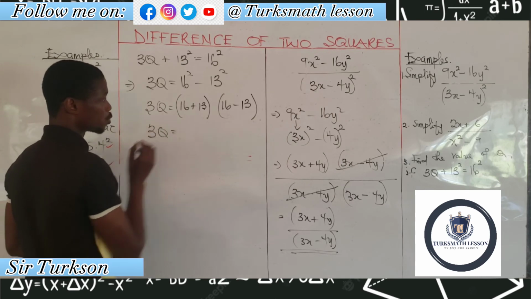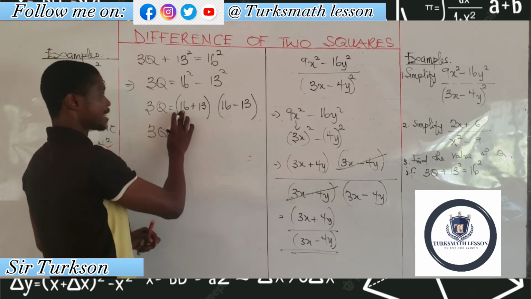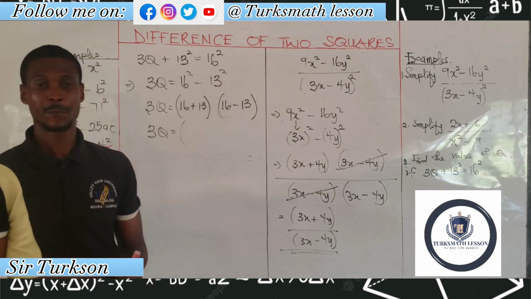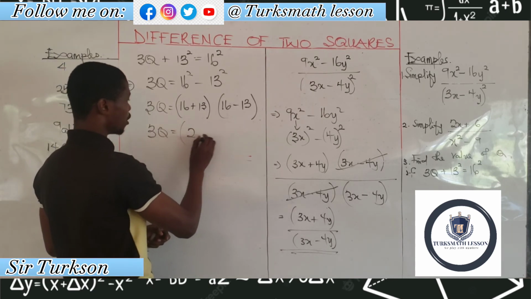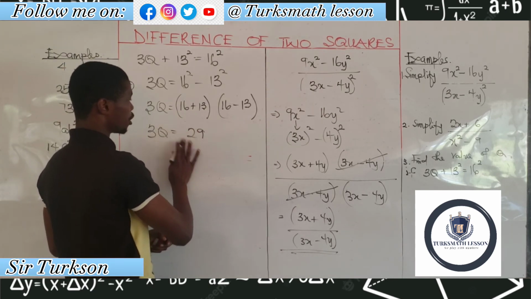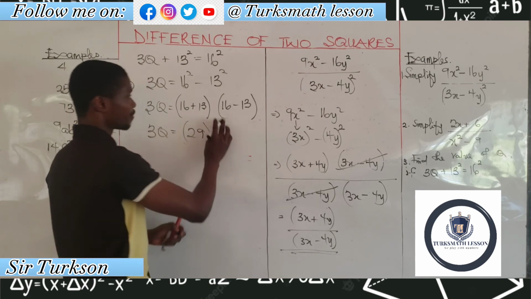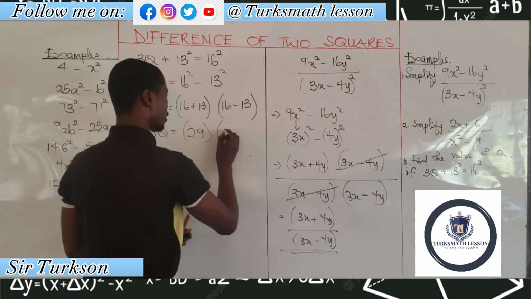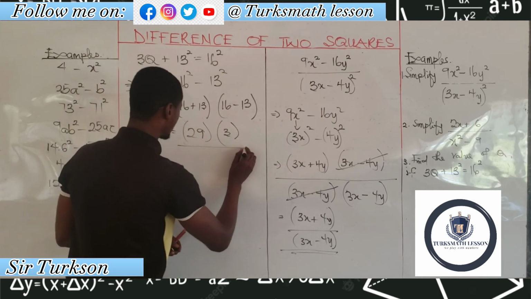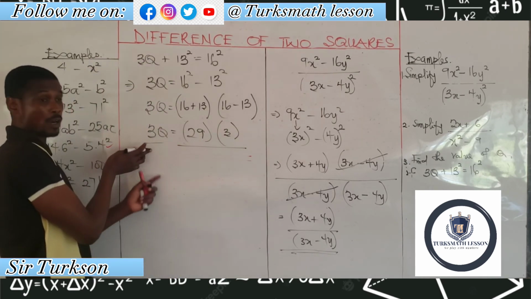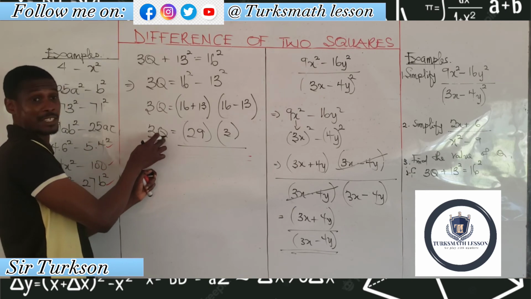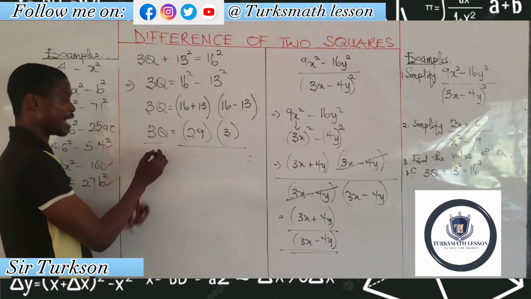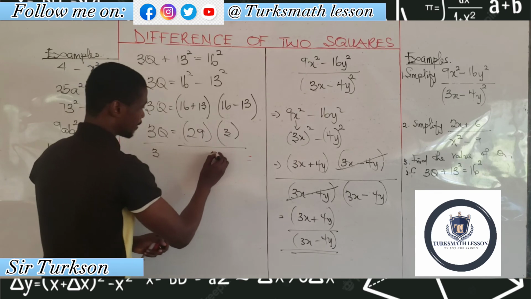So we're going to have 3Q is equal to 16 plus 13, 29. Sure. 16 minus 13, 3. Sure. Because we want to get the value of Q here, you divide both sides by 3.